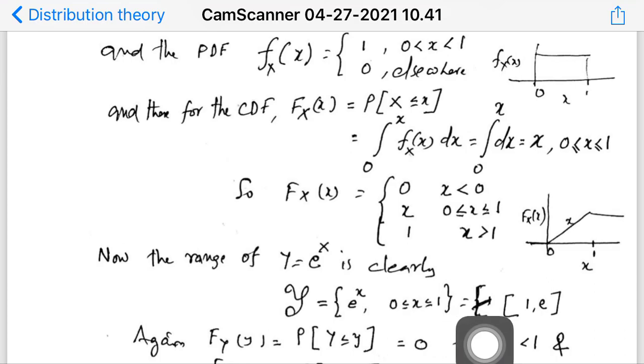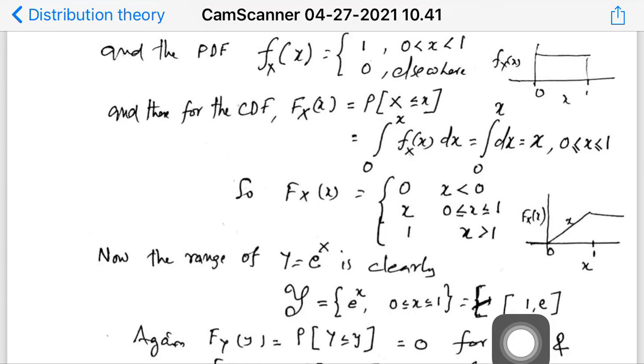And you know that the range of the new variable is 1 to e, because when x takes the value 0, you take e to the power of 0, which is equal to 1, and when x takes the upper value 1, e to the power of 1, which is equal to e. So the range can be easily written as script y, that is equal to 1 to e. Therefore y varies from 1 to e.